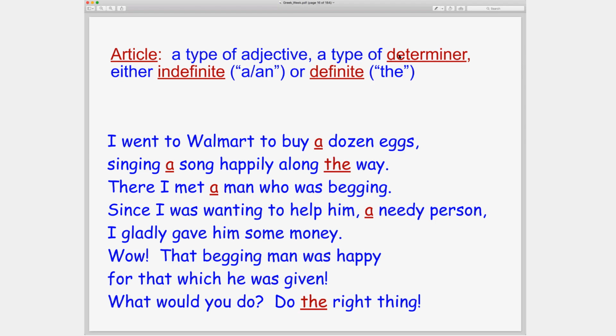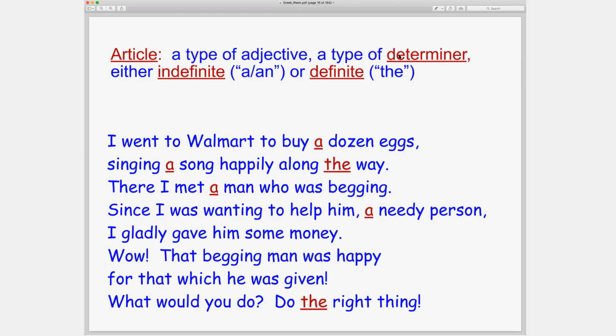We have indefinite and definite articles in English. A is just indefinite. Not the definite thing that I'm talking about, but just a dozen eggs. Not the dozen eggs, but we'll say the dozen eggs after we have identified the eggs. So it's definite.